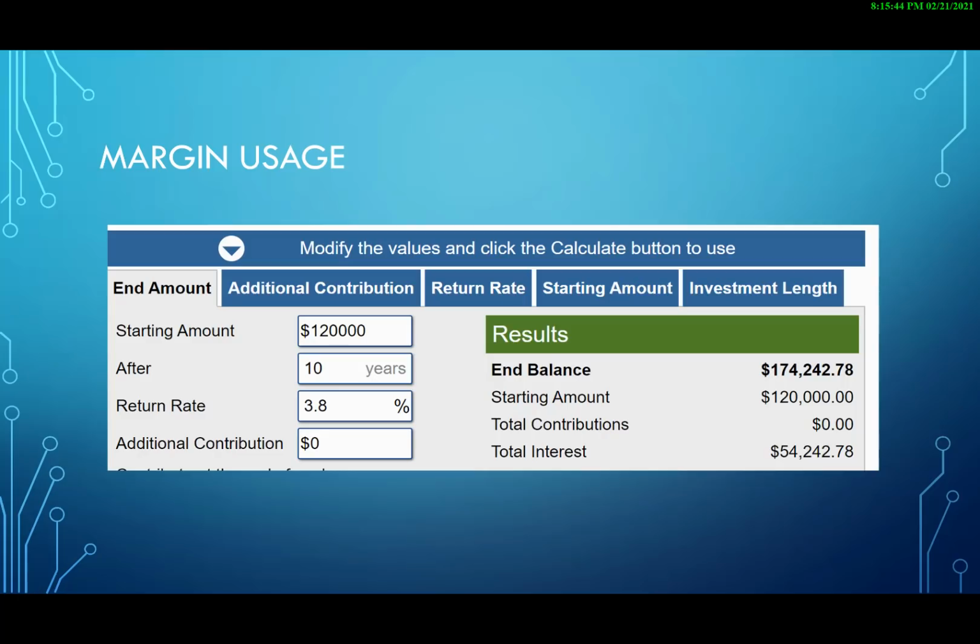It's absolutely huge. Here's that same $120,000 over a 10-year period, just on the 3.8% difference in return that we got. That total difference is $54,000 on a $120,000 account.